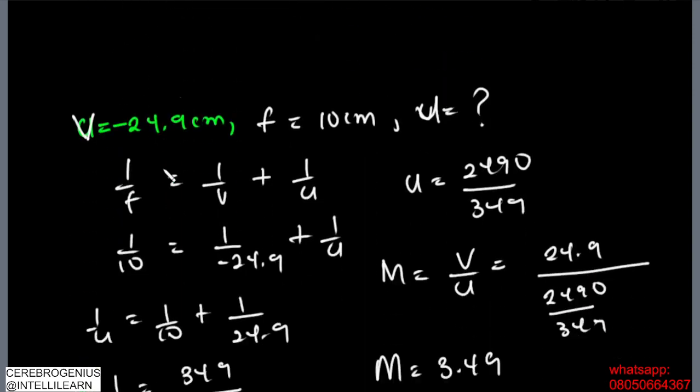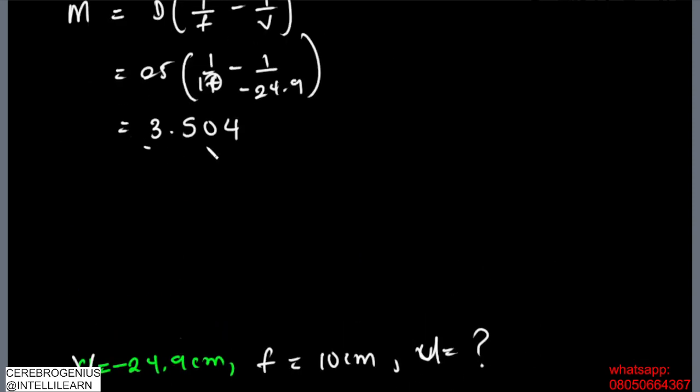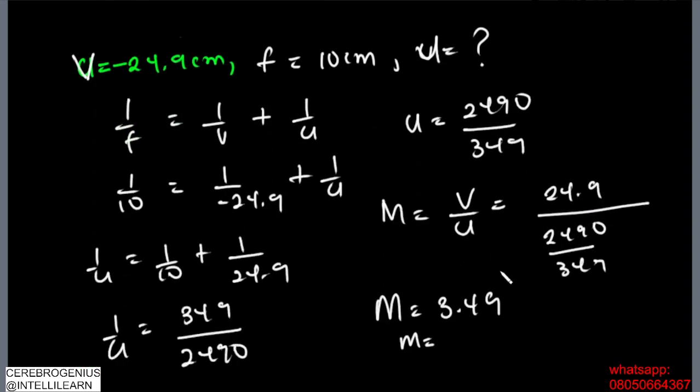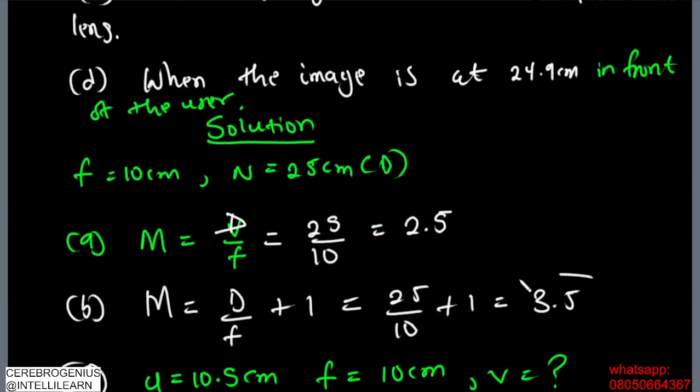You now see that there's a difference in the answers, right? Here we got 3.49. Here we got 3.504. What this means is that it is now at a distance that is closer than what it's supposed to be. So it will have a magnification that is bigger than what it's supposed to be. So we know that the magnification must not exceed 3.5, right? Because we got the maximum magnification as 3.5.